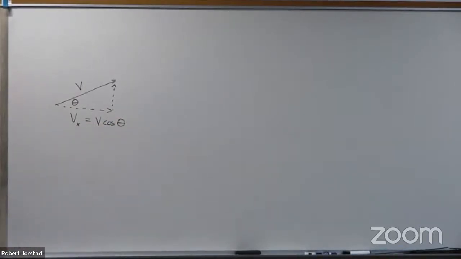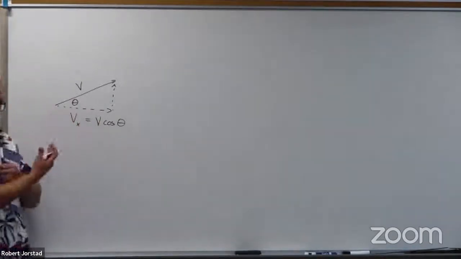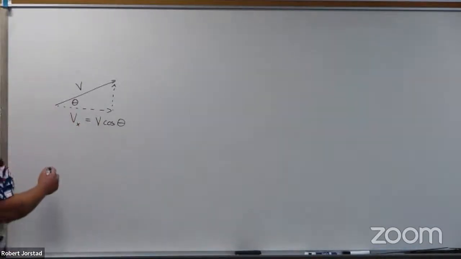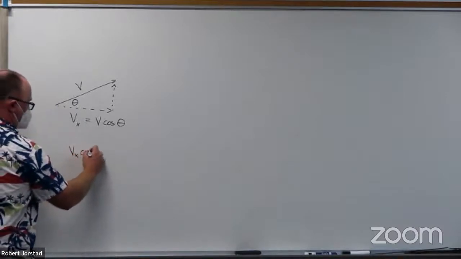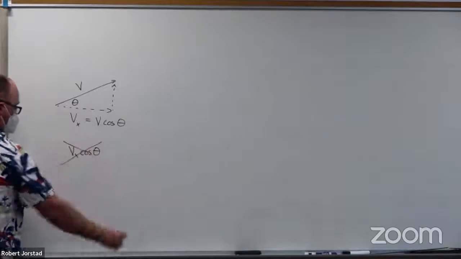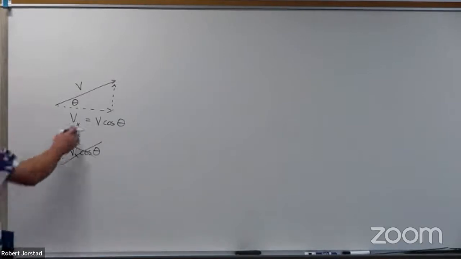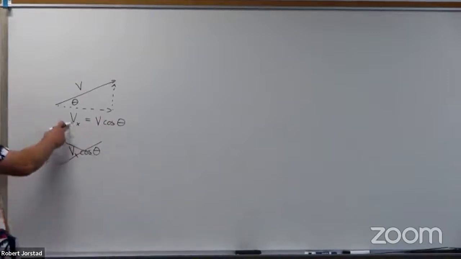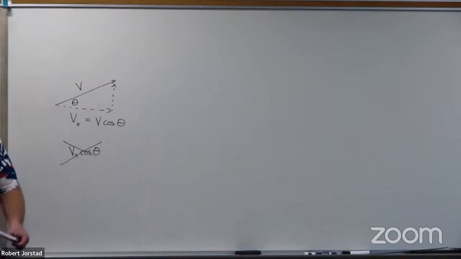So obviously we're going to start using this when we split up our momentum into x and y. We're going to have to get the sines and cosines involved. But one thing you do not want to do is write Vx cosine theta. This is wrong, because the Vx already includes the cosine. You know what I'm saying? So when you're writing, be careful. Vx or V cosine, but you don't want to put both the x subscript and the cosine. Understood? Okay, more?